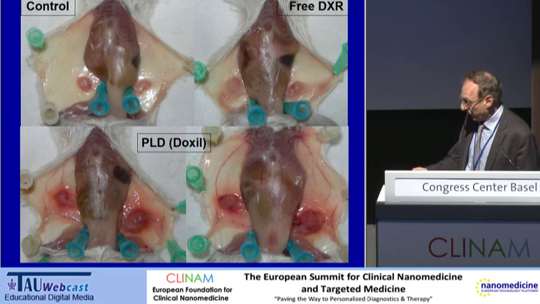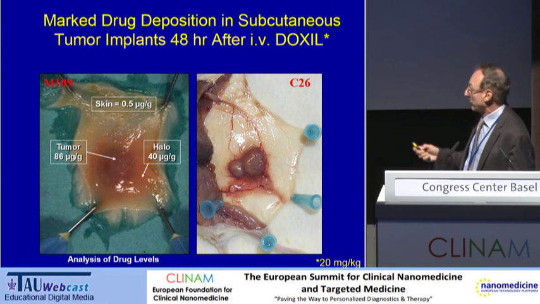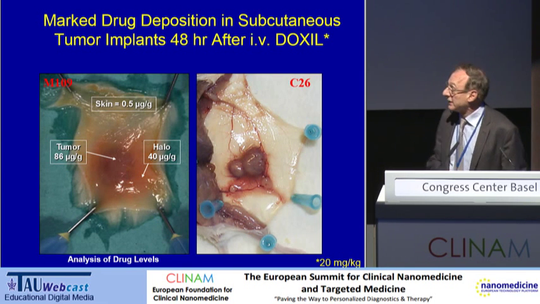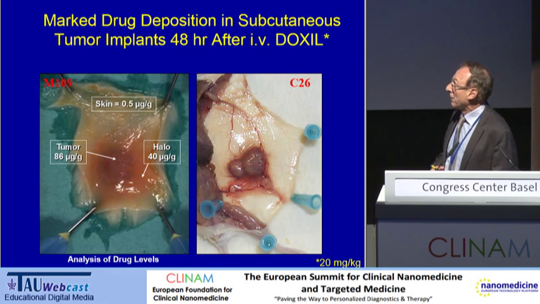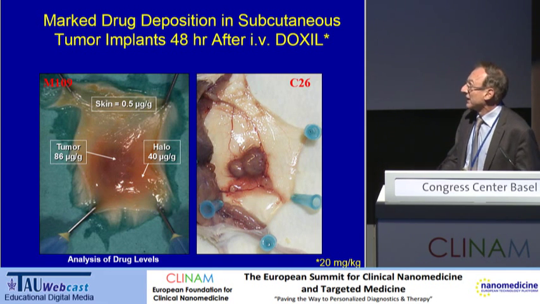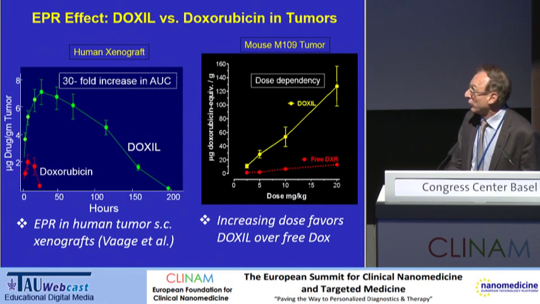If you measure these, the concentration of drug in the tumor is almost 40-fold greater than the concentration of drug in skin, which is only a couple of centimeters away from the tumor. So if this were always the case, clearly the battle against cancer would be much easier.